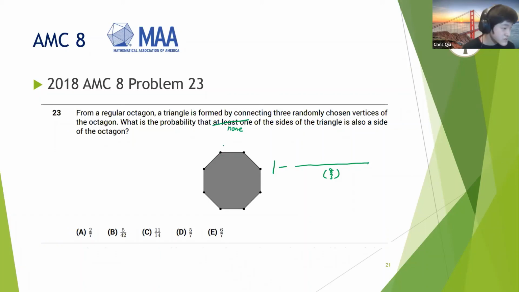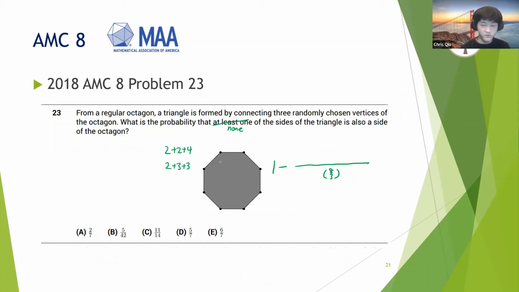If you consider this, you can notice that in order to cut off all 8 edges of this octagon, we can partition 8 into 2 possibilities for the number of edges cut off by each side. And these 2 possibilities are 2 plus 3 plus 3 and 2 plus 2 plus 4.